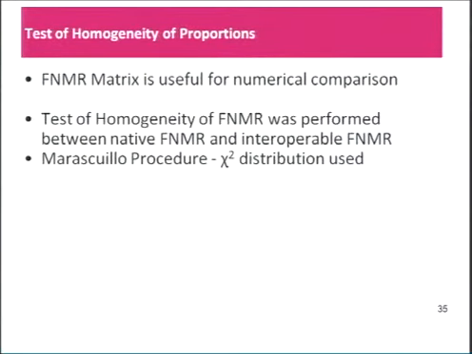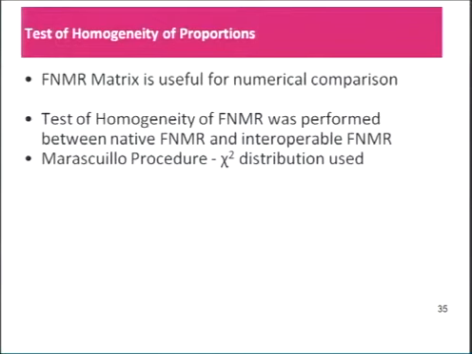So the previous matrix identified a way of looking at the false non-match rates, but just looking at the numerical value of the false non-match rates tells you which one is better and which one is worse. But in terms of statistical similarity, it does not tell you a whole lot. So in order to see which error rates were actually statistically similar, a test of homogeneity of proportions was performed. And if you're interested in reading more about it, it's called the Marascuilo procedure.